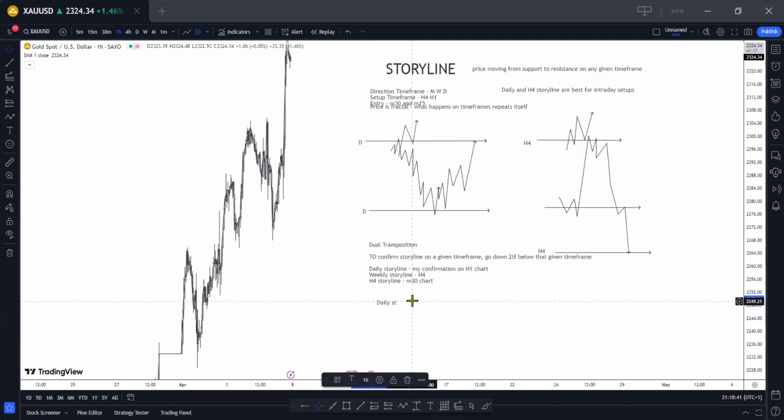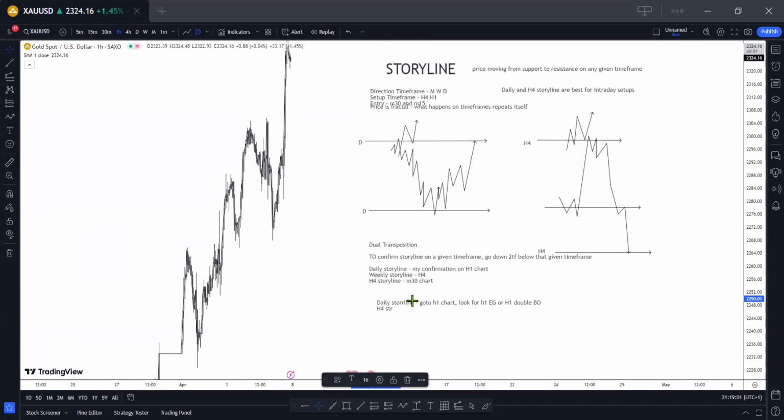So for the daily storyline, go to H1 charts and look for H1 engulfing or H1 double breakout.